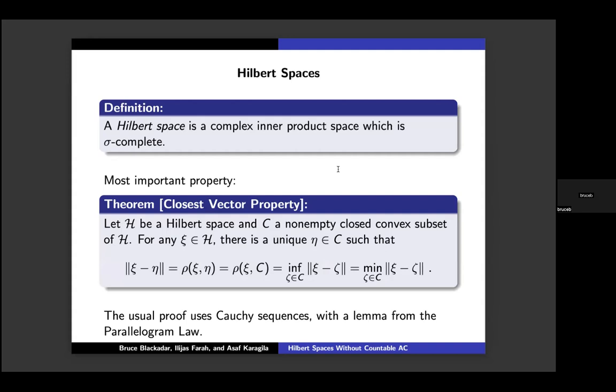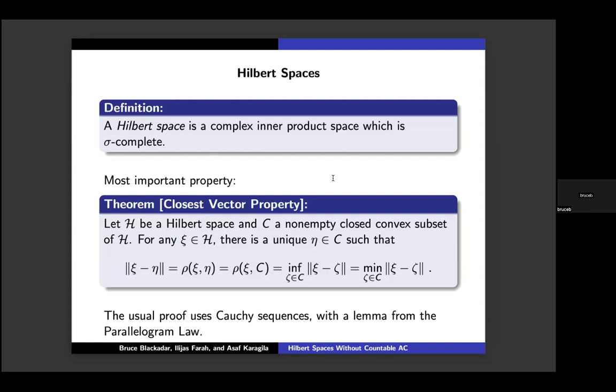Well, the most important fundamental property of a Hilbert space is the so-called closest vector property. If you have a non-empty closed convex subset of your Hilbert space and any vector in the Hilbert space, there's a unique closest vector in the convex set. The usual proof of this uses Cauchy sequences. You take a sequence of vectors in C whose distances from the vector approach the minimum.